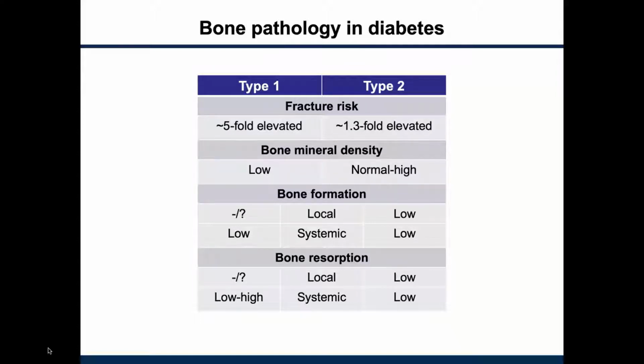But also at the systemic level, looking at bone turnover markers, most predominantly P1NP and also CTX, often they show reductions, although in my opinion, looking at many studies, I think CTX is not always as consistently low as the bone formation parameters, and in some studies you actually also find unaltered levels, sometimes even higher levels.